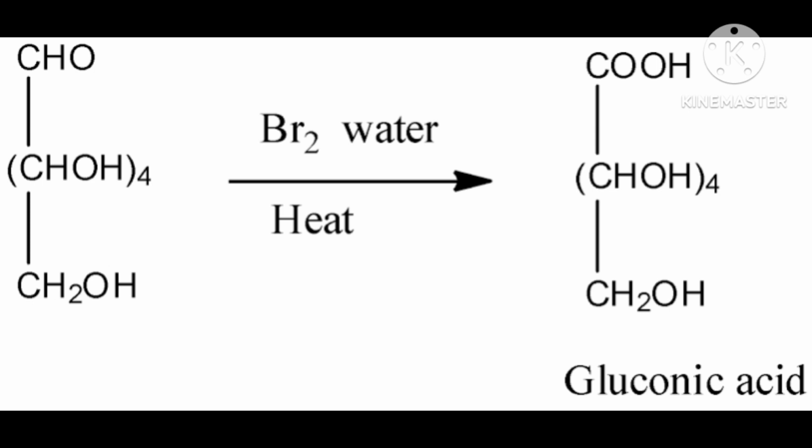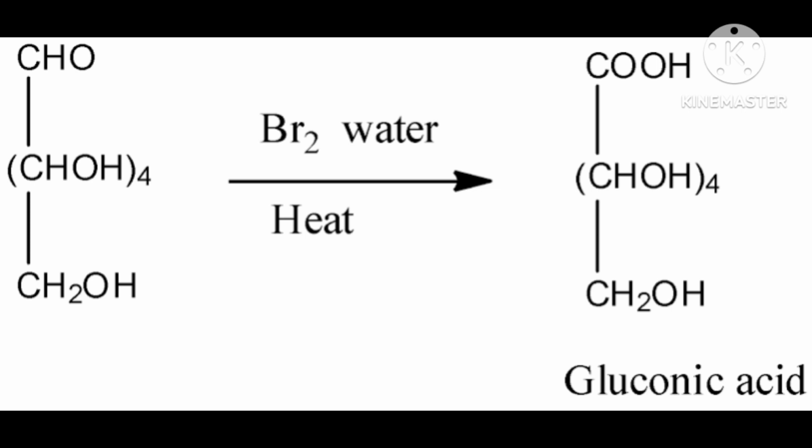In saccharic acid there will be two COOH groups, one at the first carbon and one at the last carbon, and in the middle the OH groups are in the same way. In all three structures, the OH positions will be the same.